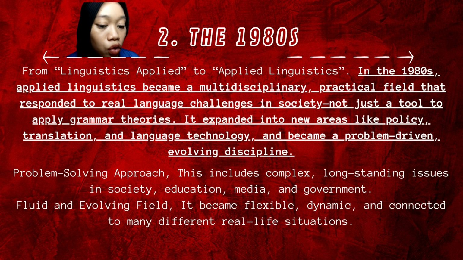It expanded into new areas like policy, translation, and language technology and became a problem-driven, evolving discipline. Problem-solving approach: this includes complex, long-standing issues in society, education, media, and government. Fluid and evolving field: it became flexible, dynamic, and connected to many different real-life situations.